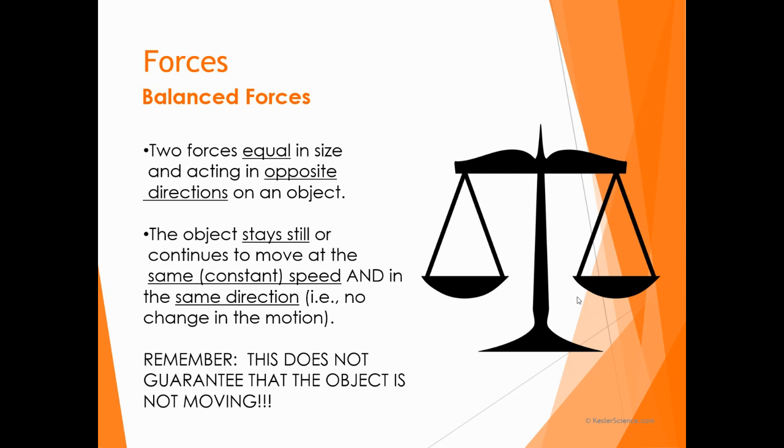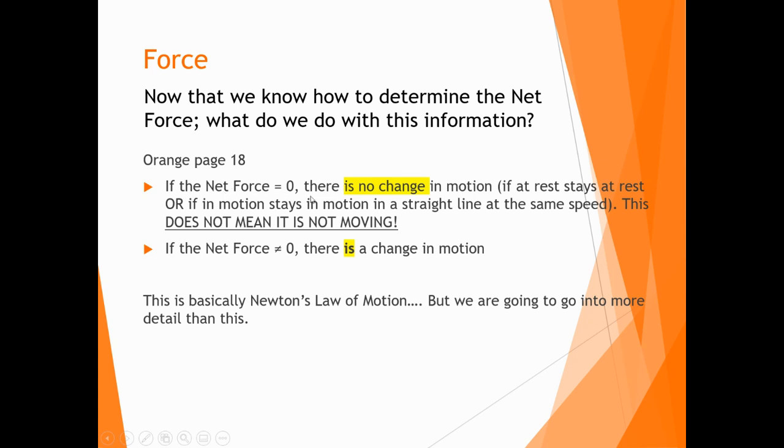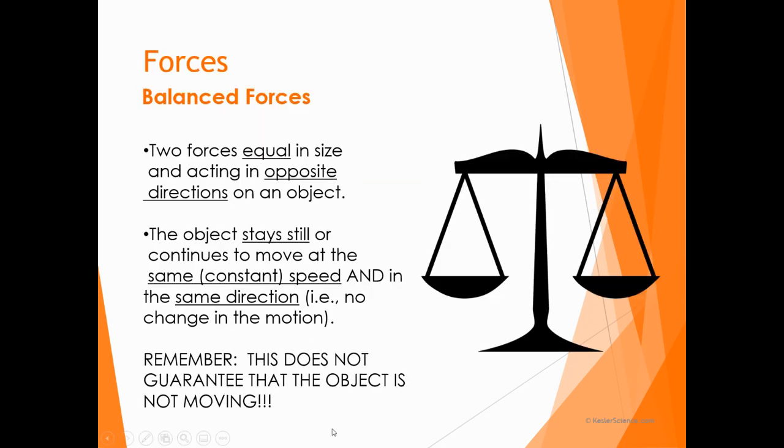So the object stays still or continues to move at the same constant speed in the same direction. Again, this is the same as net forces being equal to 0. So when the net force is equal to 0, the forces are balanced. Remember, this does not guarantee that the object is not moving.